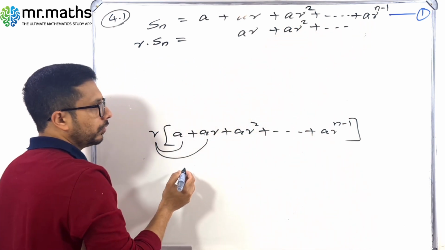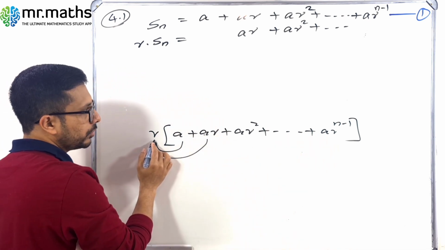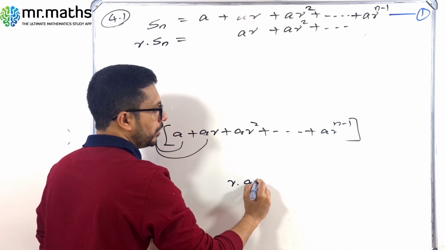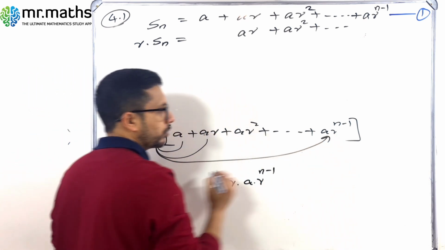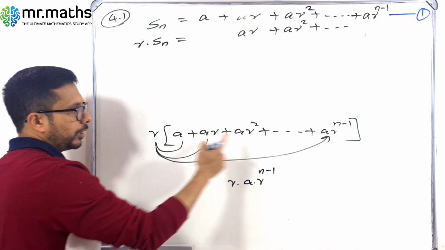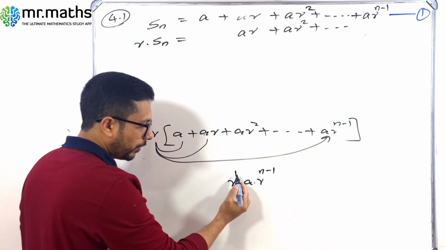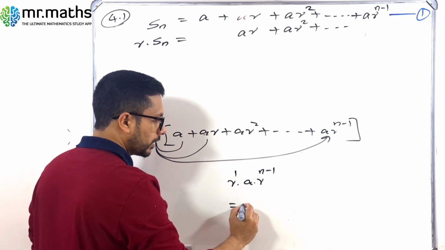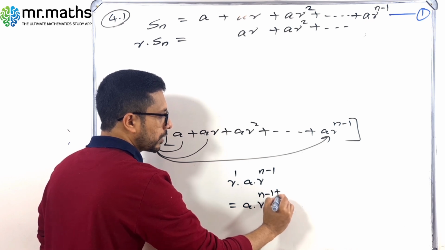Now this one: r times a times r raised to n minus 1. You have to multiply the last term also. Using the exponent rule, we add the exponents: n minus 1 plus 1.